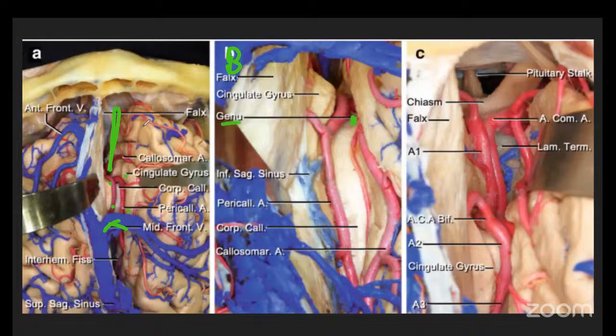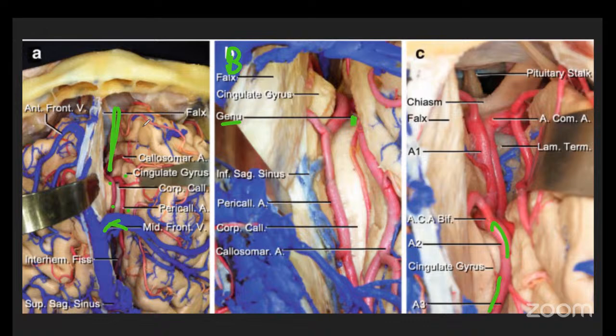And just underneath it, once we open this space more, anterior to the genu, we are going to find all these vessels. You can take a look at A3, you can take a look at A2. You will even be able to see the ACA-ACOM complex if you retract this space even more and take this paired structure into the exposure.